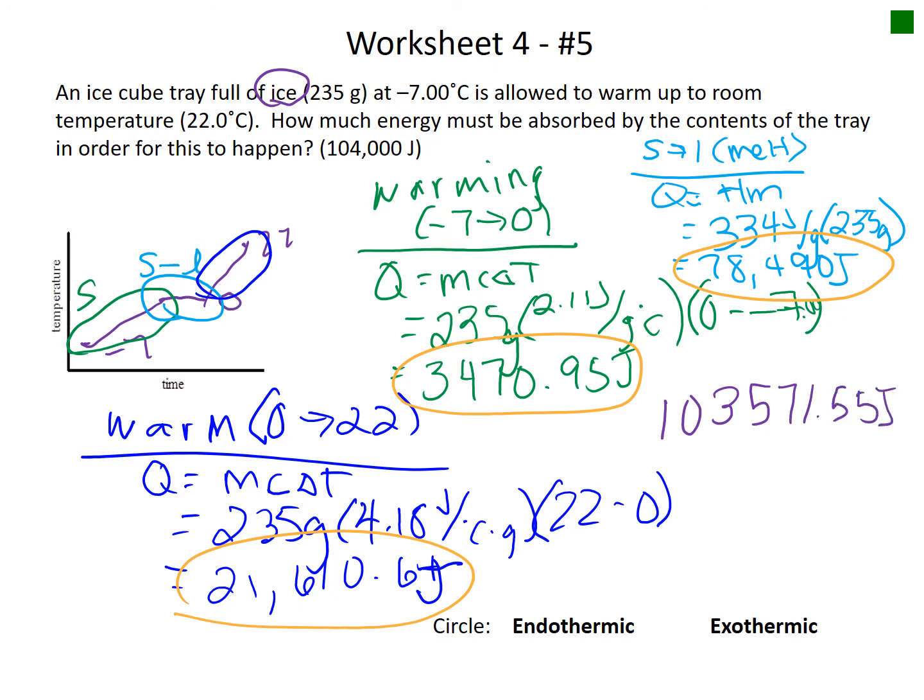I'm going to reference my problem for my sig figs, and all of them have 3 sig figs, so I'm going to round my answer to the third sig fig. So 1, 2, 3. This is the digit I'm going to round, so it rounds up due to the 5 right after, making it 104. The 571 turns to zeros, so it would be 104,000 joules.